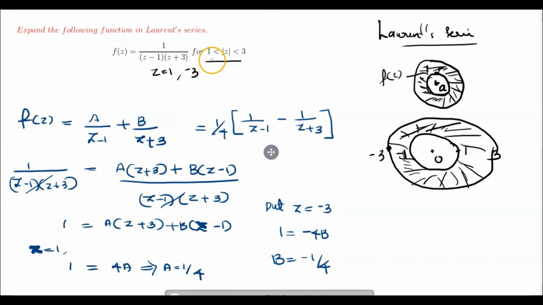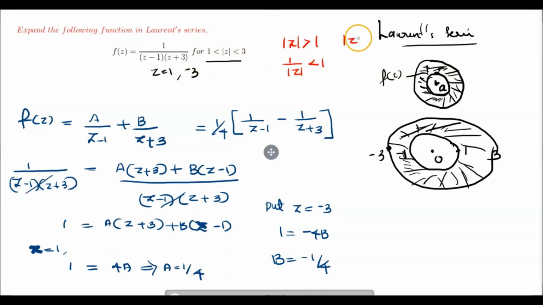Now let's identify the region. This is mod z greater than 1, that is, 1 less than mod z. That means 1 by mod z is less than 1.